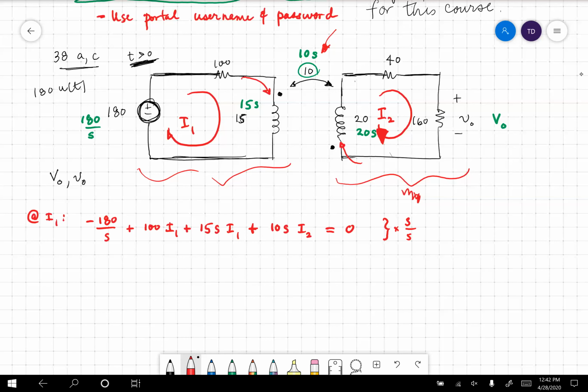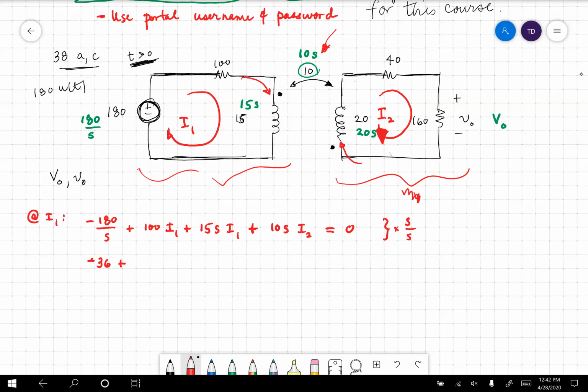Okay. So if we do that, we're going to clean up the S in that first term. You can see that. And then we're going to have that 180 that's going to be divided by 5. And 180 divided by 5 is going to be 36. So this is going to be negative 36.